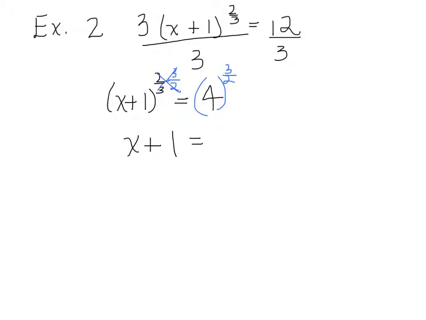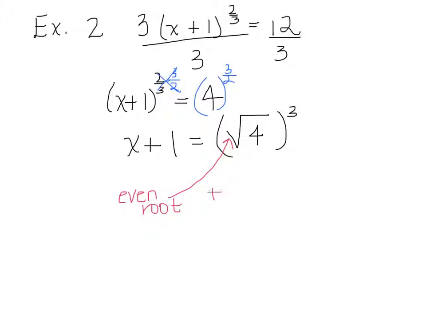And in this one, I'm going to change to radical form to make it easier to simplify. Now, because this is an even root, you're going to have two possible solutions.